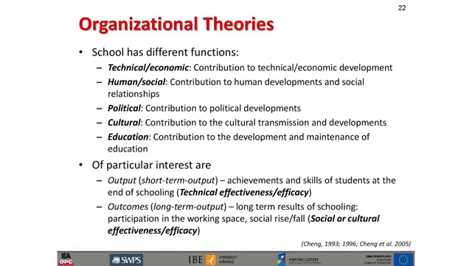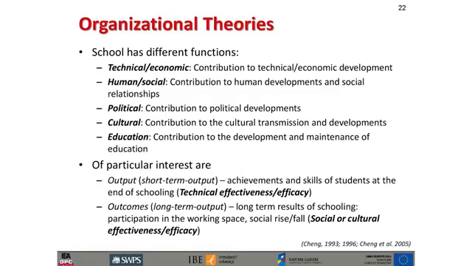So to understand the focus of school effectiveness research, we have to think about school functions. Of course, we can classify school functions in different ways. This is one proposed classification by Cheng, and as you see, the classification contains technical, economic, human and social, political, cultural, and educational functions.